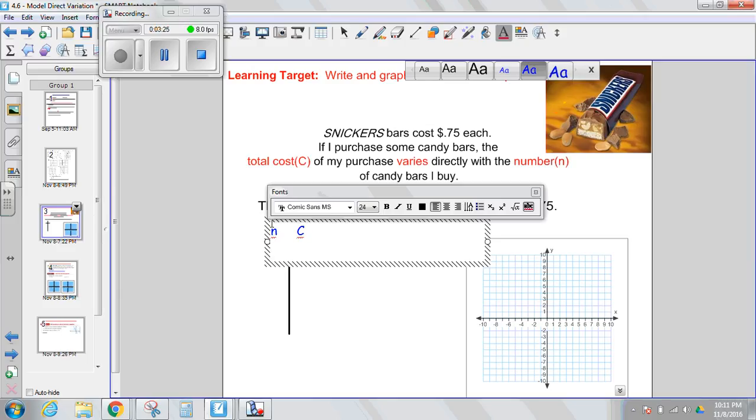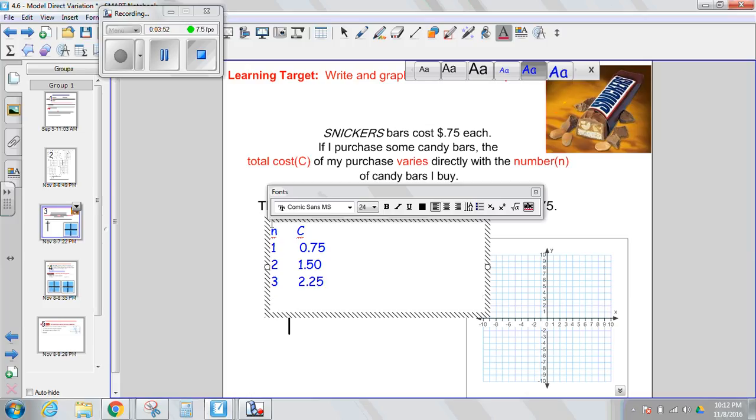If I buy one candy bar, I know my total cost is going to be that 75 cents. If I buy two candy bars, my total cost is going to be $1.50. If I buy three candy bars, now my total cost is going to be $2.25.